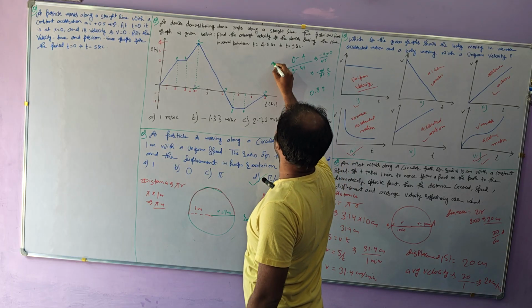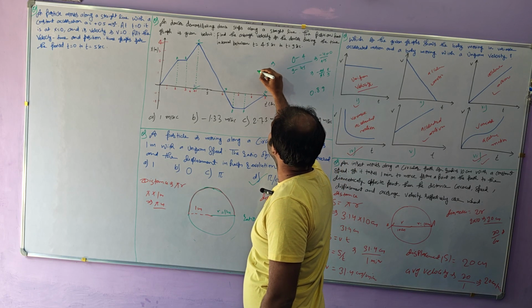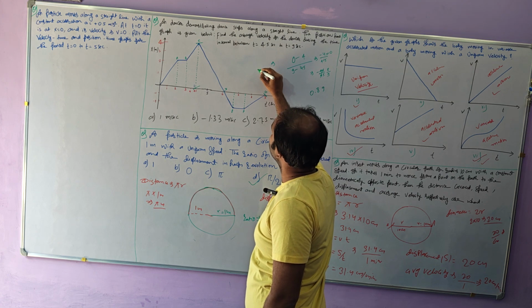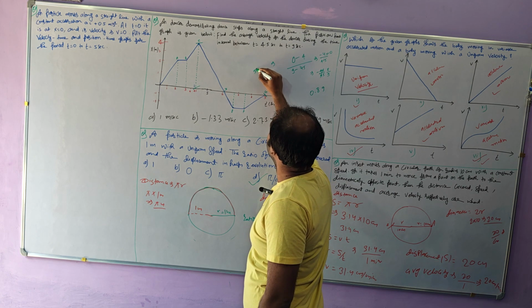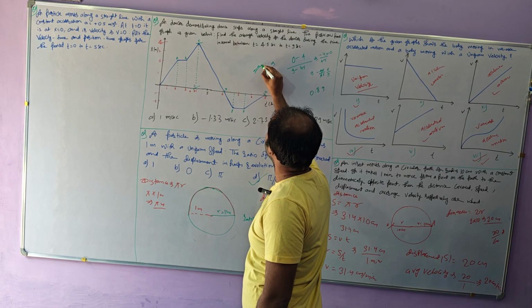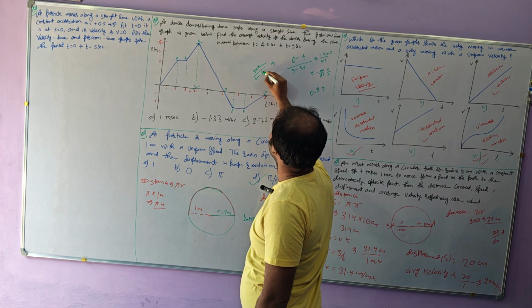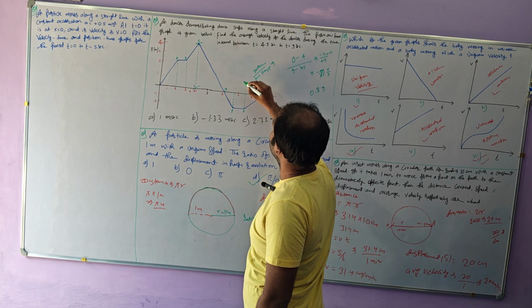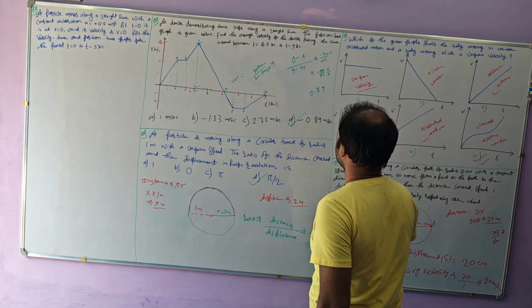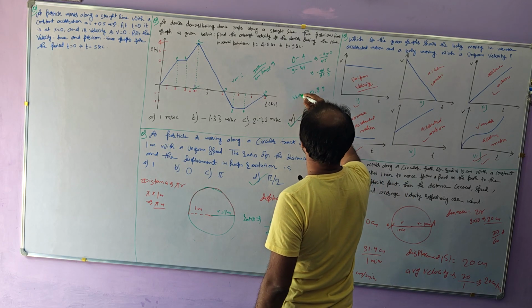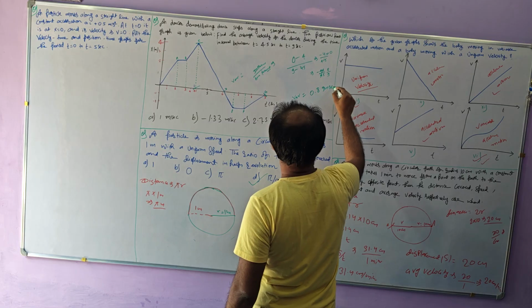It is our displacement upon time interval, that is our average velocity. So V average is 0.8 meter per second.